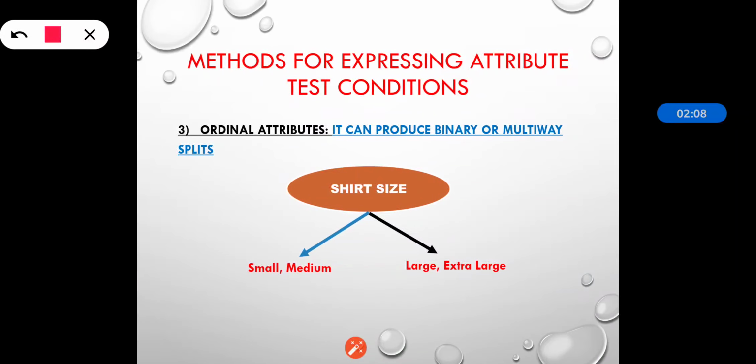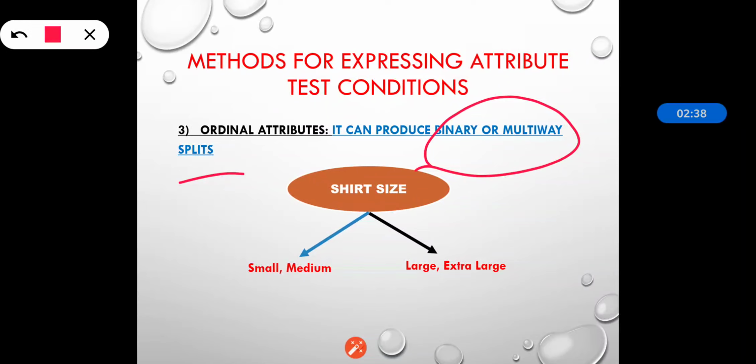The third one is the ordinal attributes. Ordinal attributes can produce binary or multi-way splits. Since they can produce binary or multi-way splits, the values can be grouped as long as the grouping does not violate the order property of the attribute values.